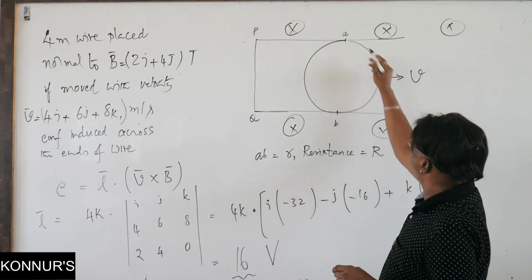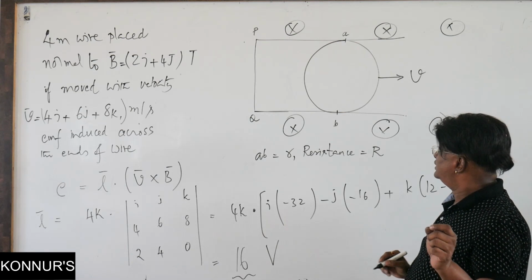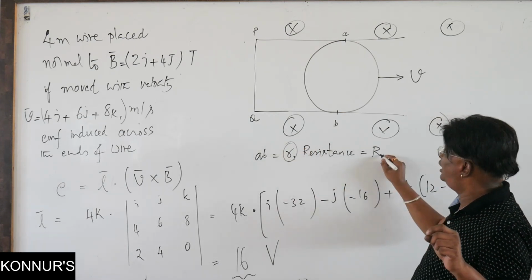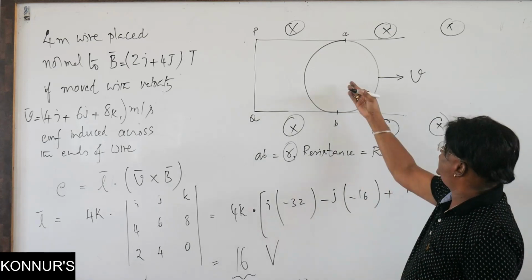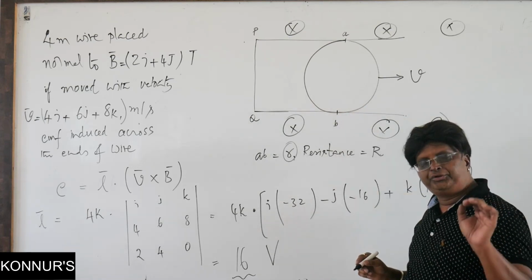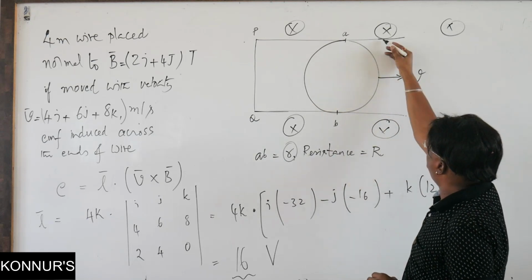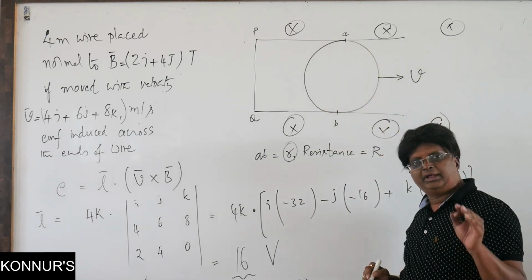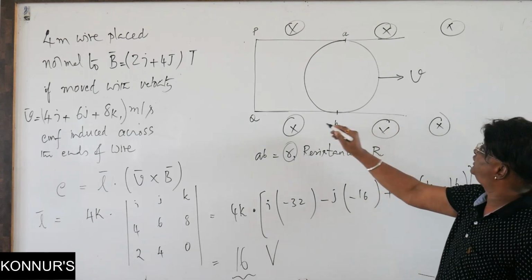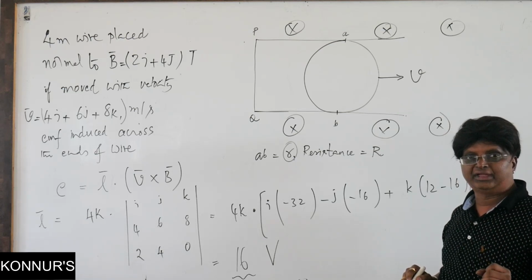Now we have used one ring, a ring whose radius is small r and resistance of the ring is capital R. Now it is placed between these two edges such that the ring continuously maintains the contact with these railings. You see these horizontal railings, constant contact is maintained. Remember, this frame we have given as both smooth and as well as zero resistance.